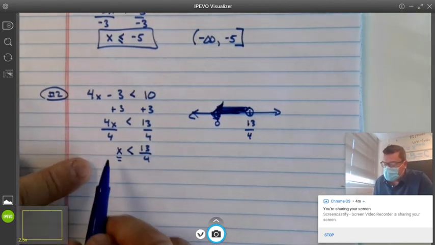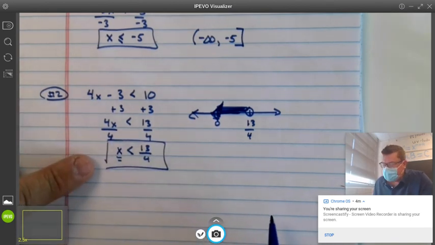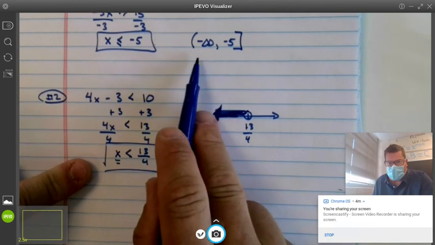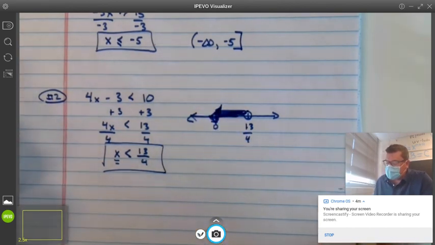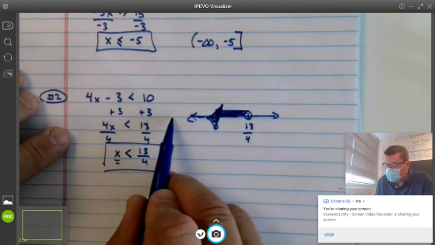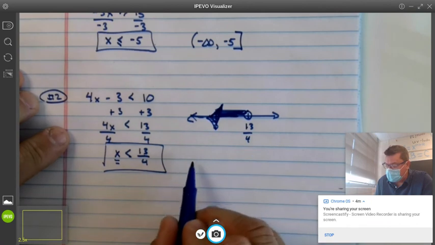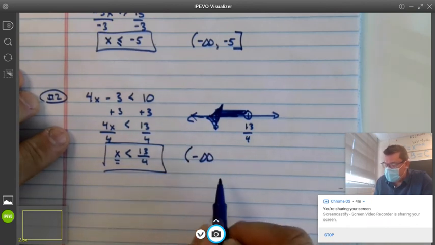Now we have to change this, which is set builder notation, into interval notation and make our answer look similar to this. We use the smaller numbers first. In this case, -infinity is the smallest number that will make this work, the smallest number that's in the shading. We never include infinities.